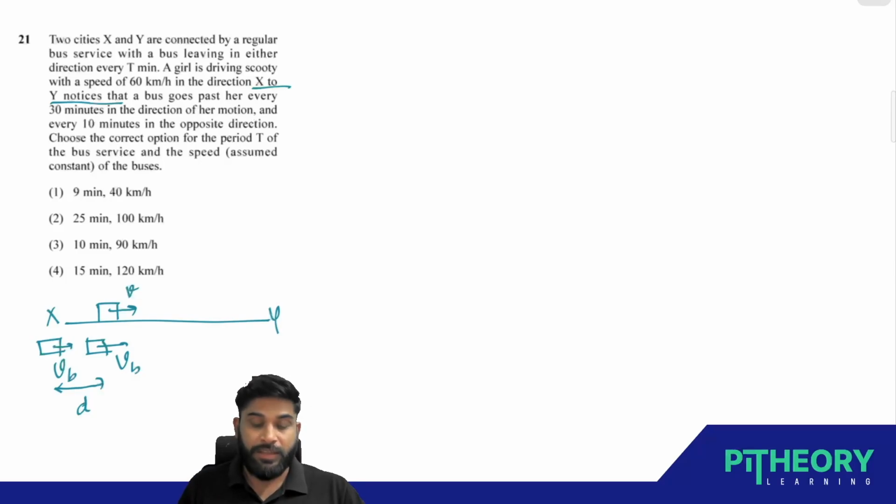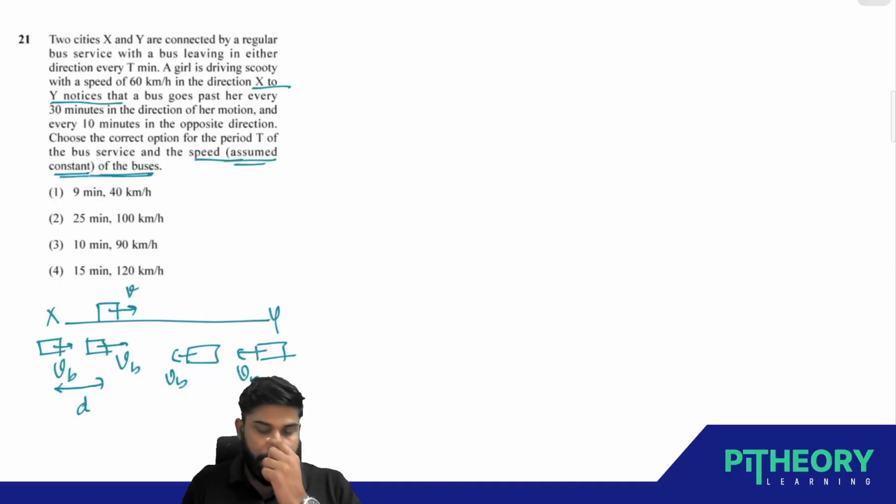Let's say it is D. The same thing here also: the bus going from Y to X has the same speed VB, as it is being told, right? The speed of the buses is assumed constant. Since they are going with the same speed and the time period of the bus service is also constant, the distance between any two consecutive buses will be the same, correct?